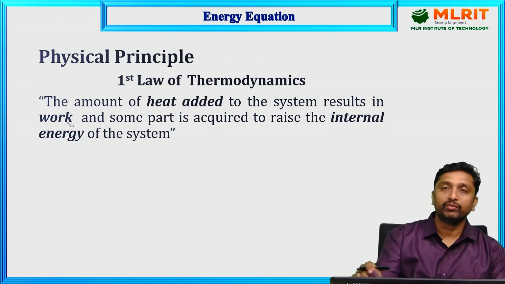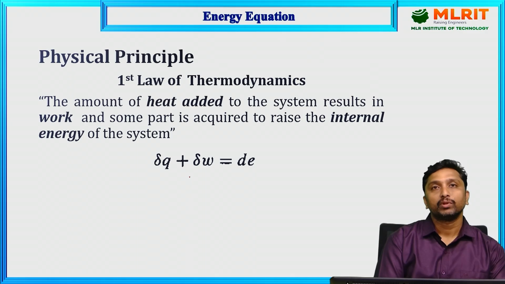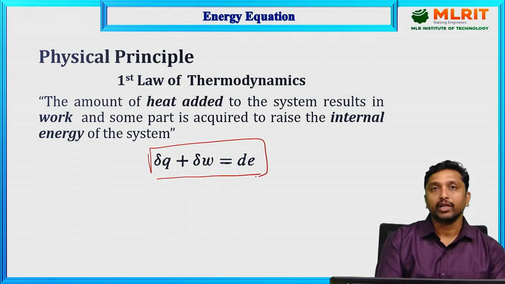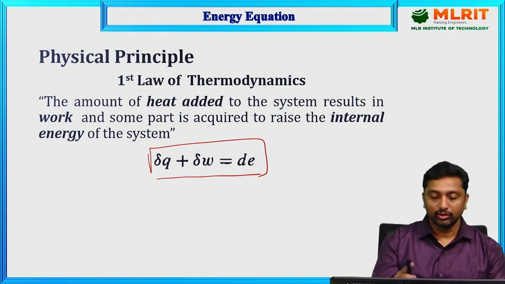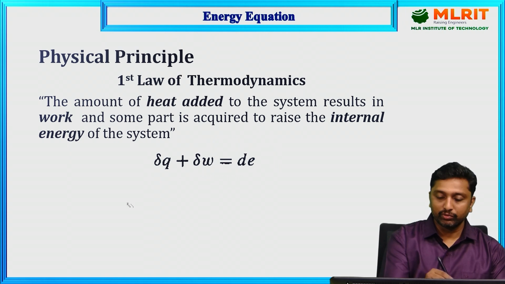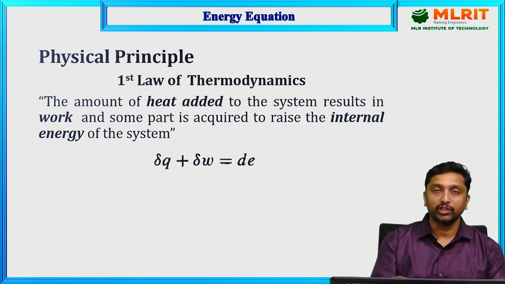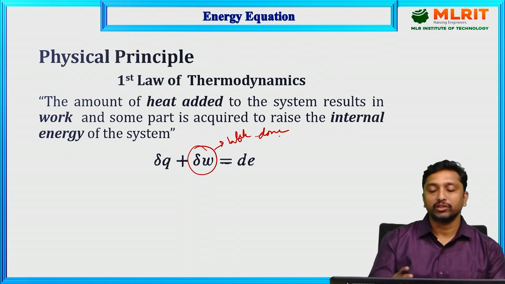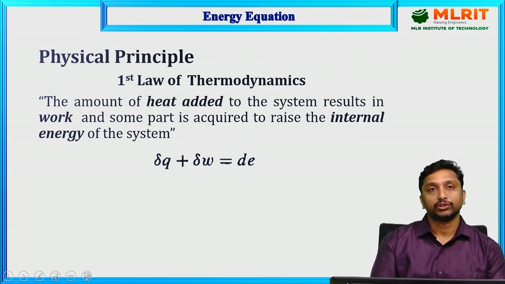To be simple, we can rewrite this in mathematical form as dq plus dw equals dE, because work is done by the gases, so it will have a negative sign. It has to be changed. So dq plus dw equals dE. We can rewrite it in alternate forms based upon the direction of the work done, whether it is done by the system or onto the system. Based on that, the sign of this will change.